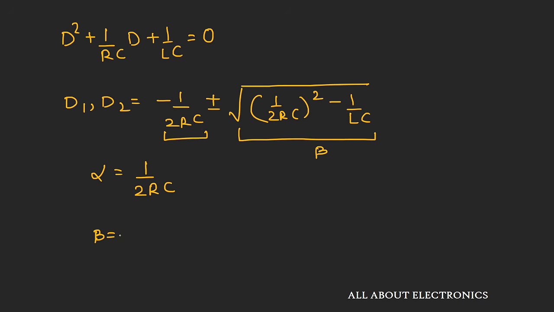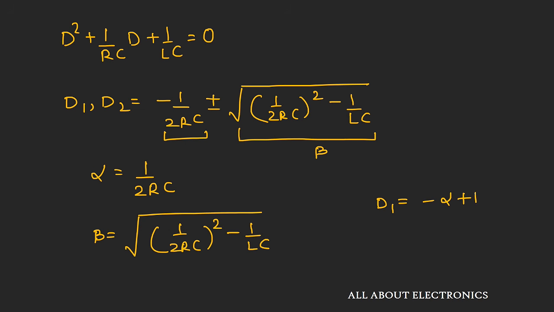So beta can be given as under root (1 over 2RC) whole square minus 1 over LC. So we can write d1 as minus alpha plus beta and d2 as minus alpha minus beta.